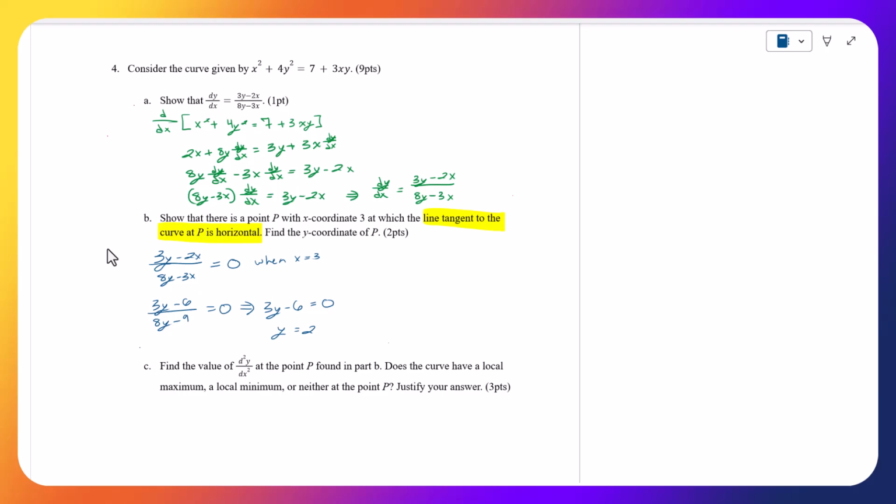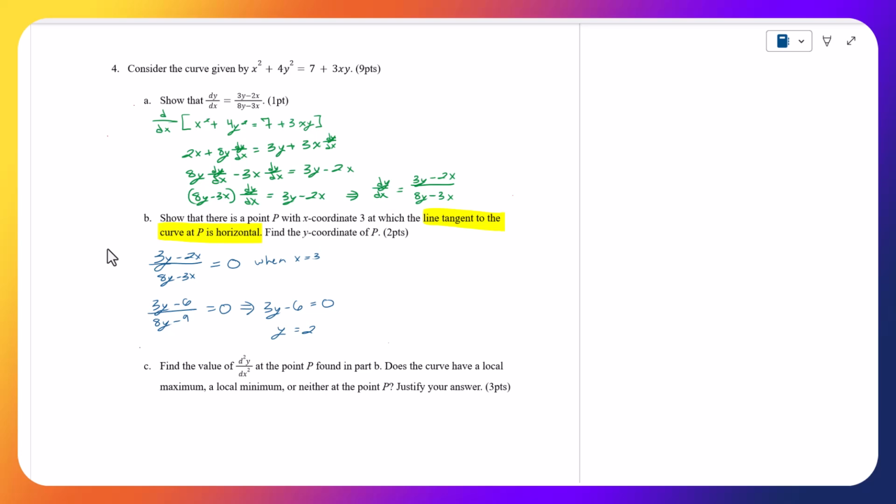And now we need to show that this point is on the curve, which we haven't really done before in class. Although I expect you would have done it in your pre-cal classes, probably. All we're going to do is take our point 3, 2, and substitute it into our original function and see if this is a true statement.